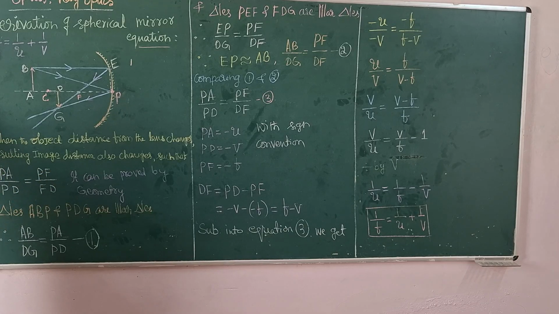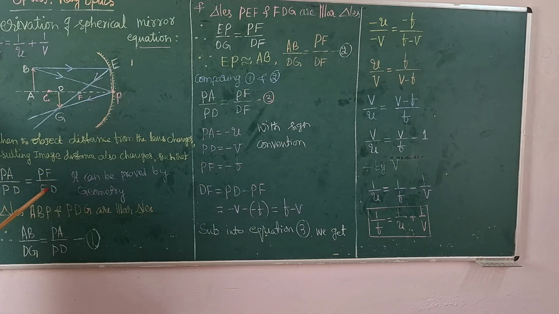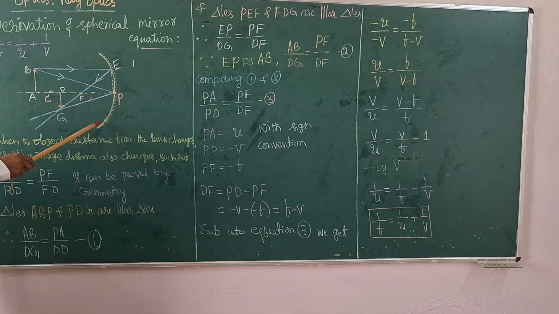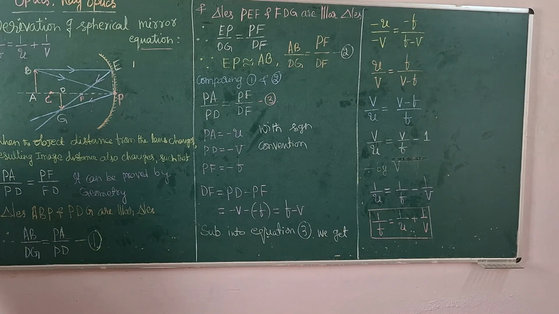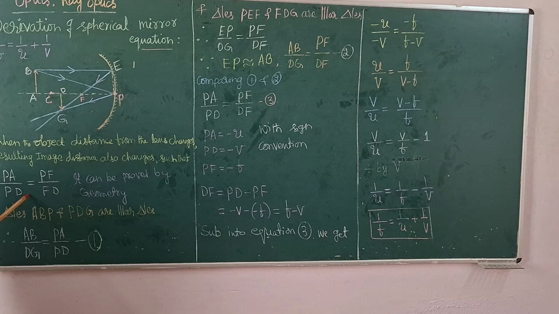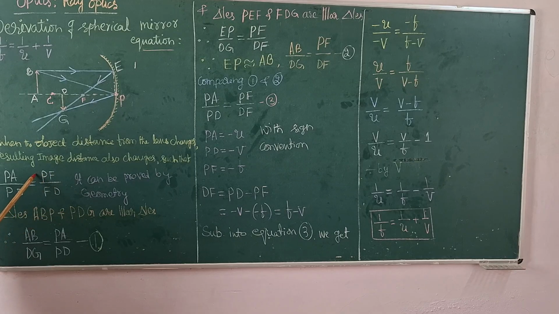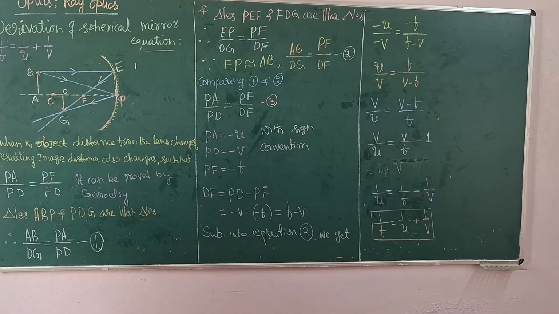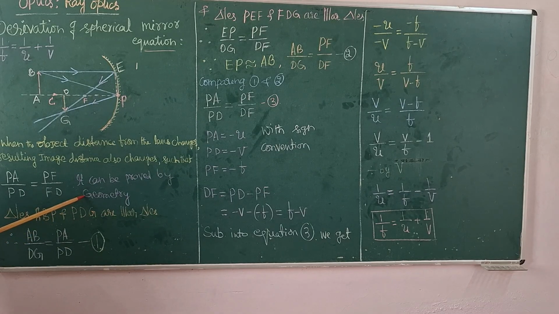It has been observed by experiment. These ratios of the distances are equal for any mirror, for object and image. We can also prove it by mathematical or geometrical concepts, using our knowledge of geometry.